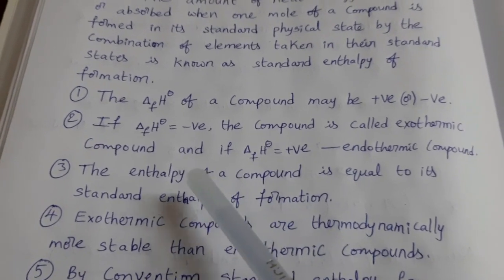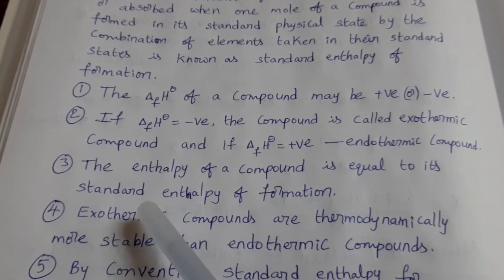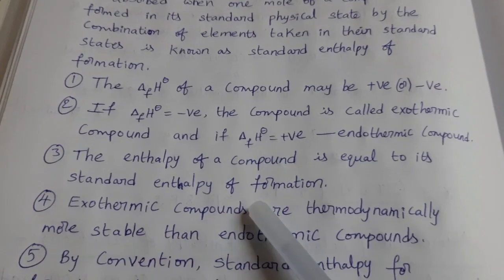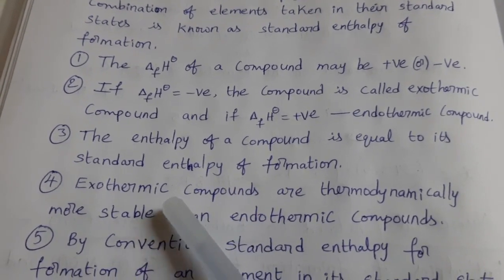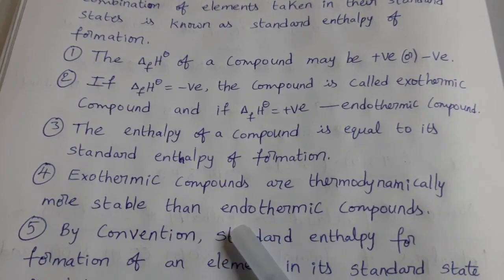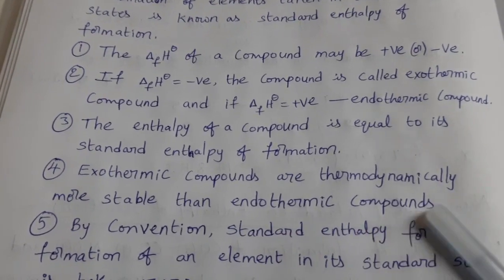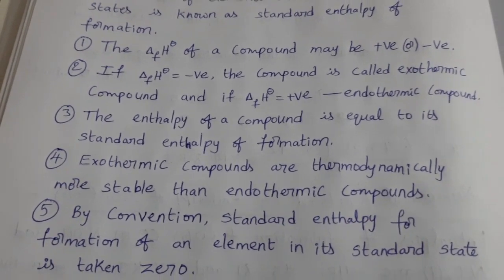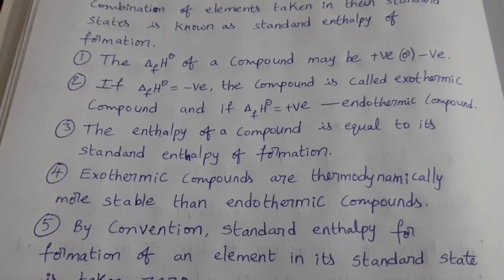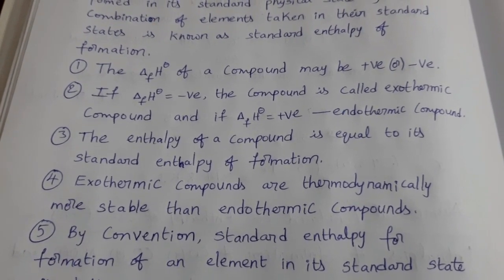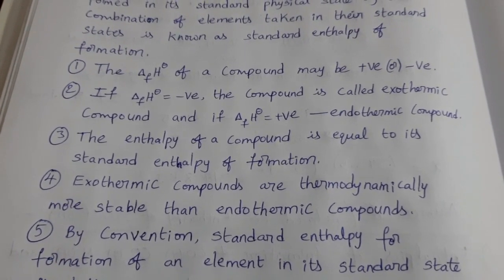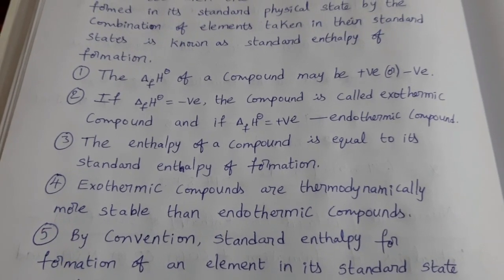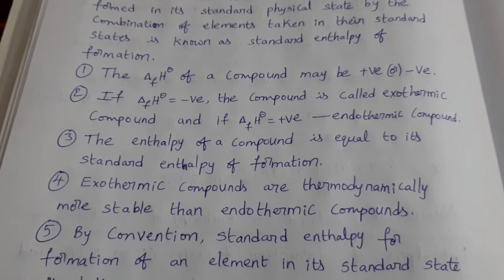That means the enthalpy of a compound is equal to standard enthalpy of formation. Next, exothermic compounds are thermodynamically more stable than endothermic compounds, because in exothermic compounds, compound formation takes place by release of heat energy, so it has more stability than endothermic compounds.